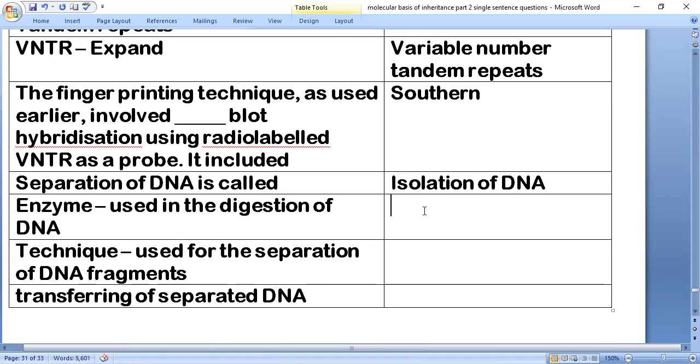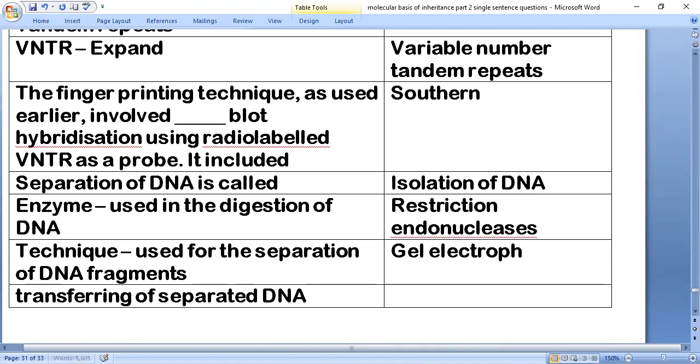The enzyme used in the digestion of DNA is restriction endonuclease. The technique used for the separation of DNA fragments is gel electrophoresis.